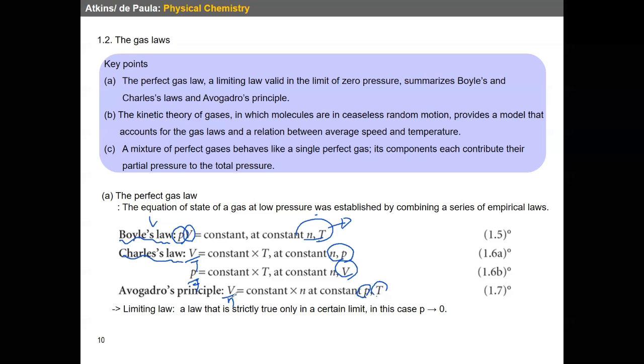What this means is that all gases have the same number of molecules, I mean, all these gases have the same volume in 1 mole of gas, independent of the types of gases. So volume is always constant at constant pressure and temperature.